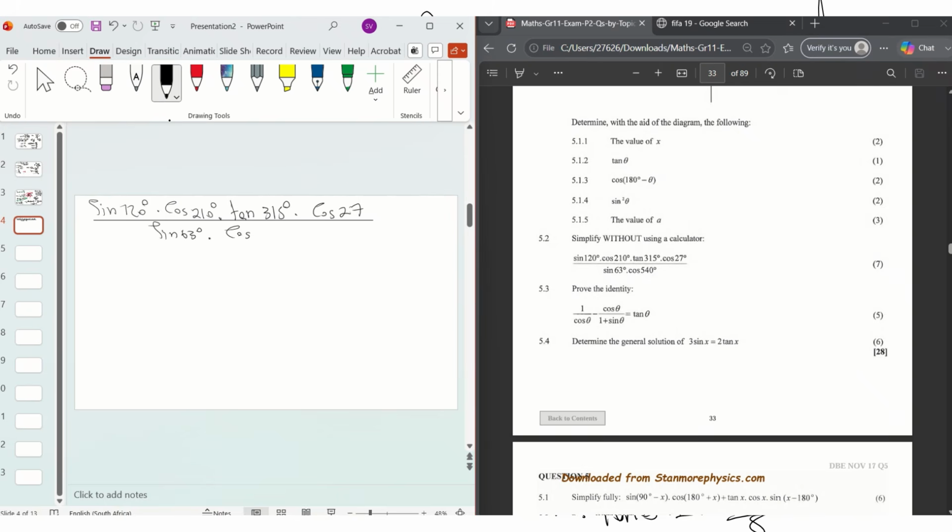times cos 540. Okay. Guys, before you tackle these questions, you must first check whether there are any angles that are complementary. We know that complementary angles are those that add up to 90 degrees. As you can see here, we have 27 and 63. These two angles are complementary because when you add 27 and 63, they give you directly 90 degrees.